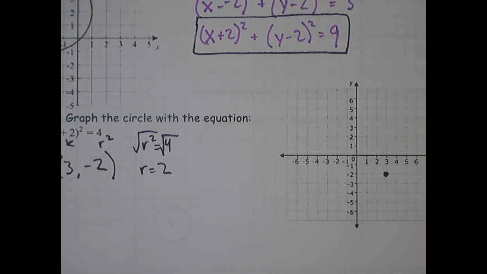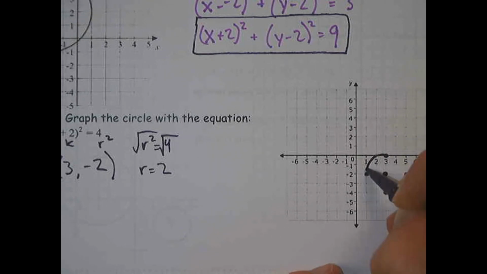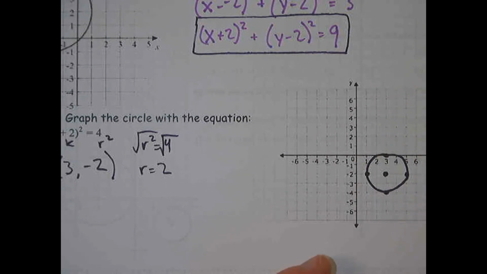So what I'm going to do here, so I make sure I draw my circle okay, is that from my center, I'm going to go up 2, right 2, down 2, and left 2. Because that ensures that my radius is 2 all the way around. Then I'm just going to draw my circle. And there we go.